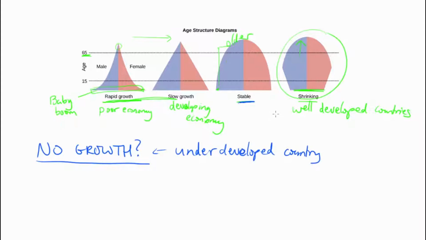Because even in the developed country, the population is not stagnant. In a stable population, the increase is quite minimal. It's still increasing. There are more births than there are deaths.